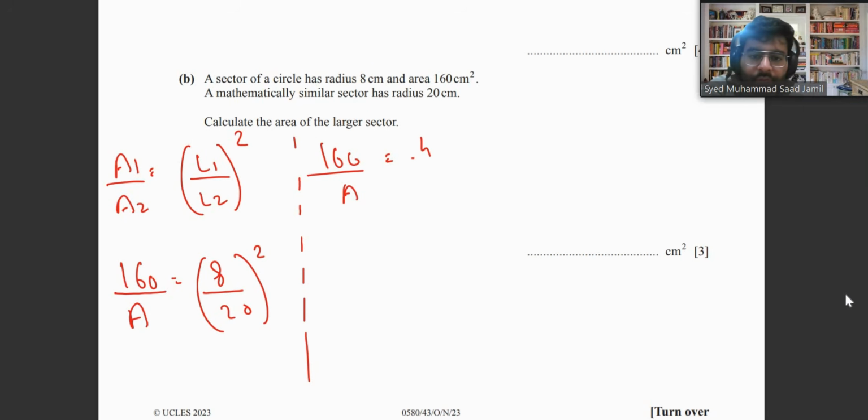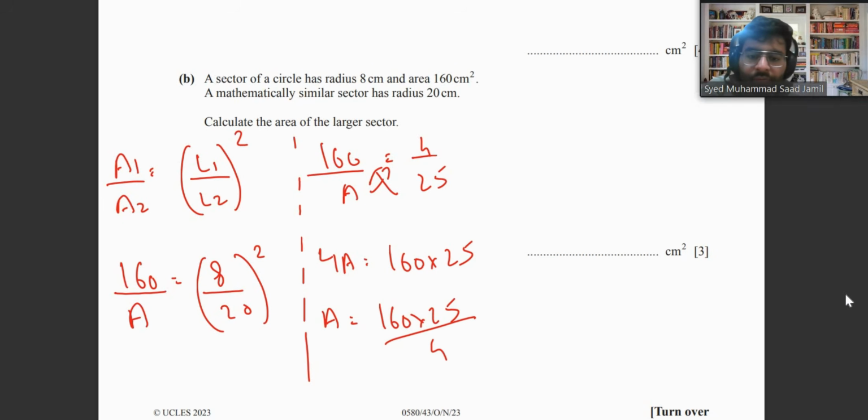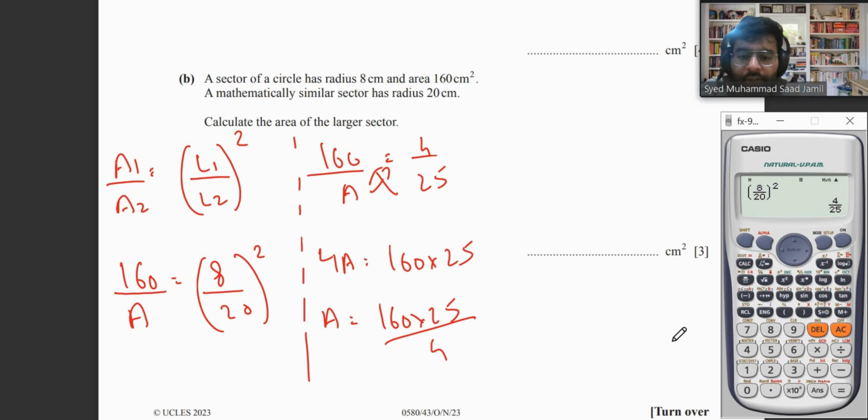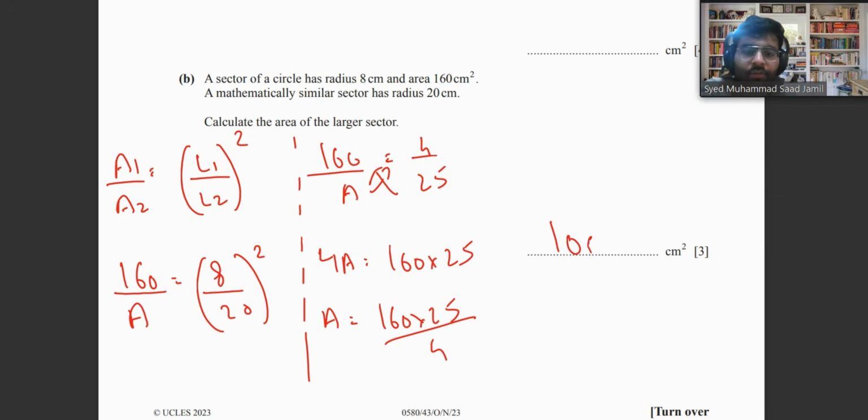So cross multiply. So 4A is equals to 160 multiplied by 25. A is equals to 160 multiplied by 25 divided by 4. You get 1000. So this is your correct answer, 1000.